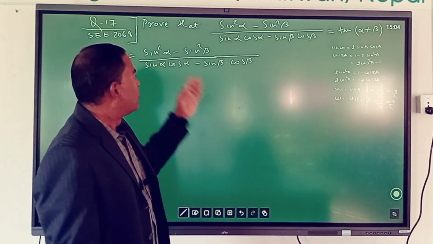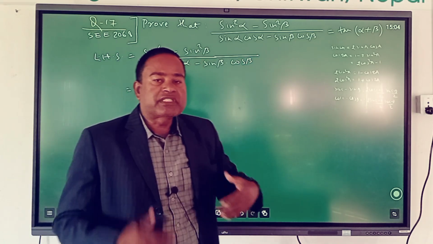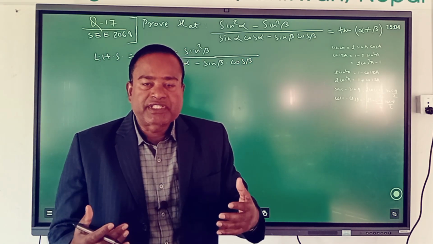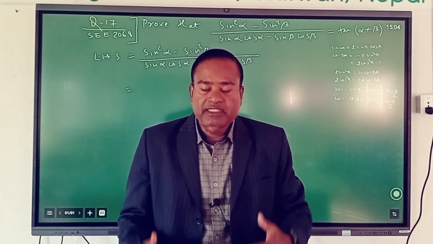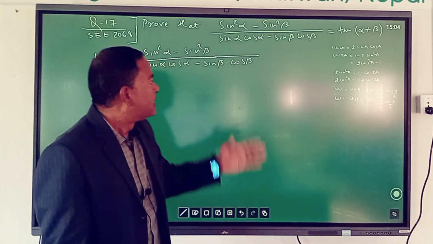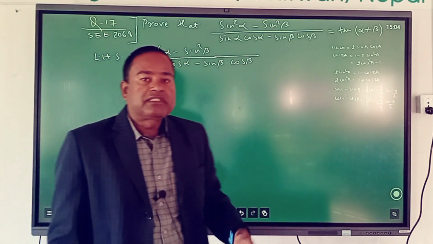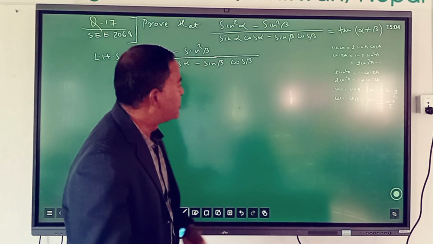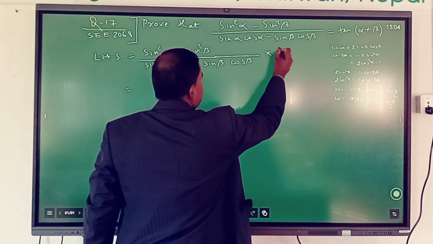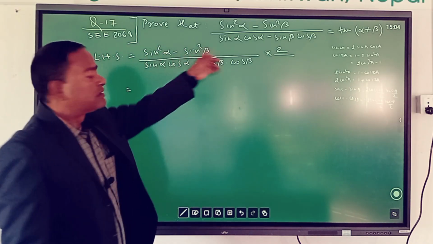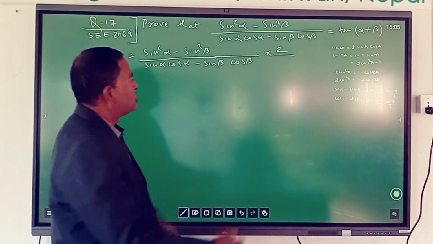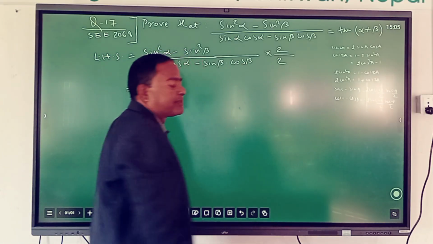That means we have to multiply the numerator and the denominator by 2. So let's multiply by 2 in the numerator, and in the denominator also let's multiply by 2.